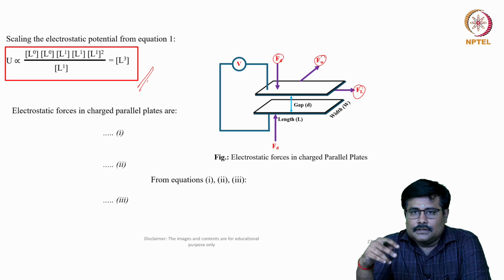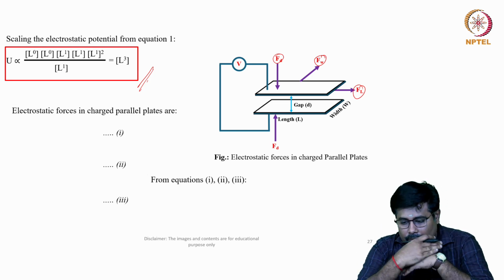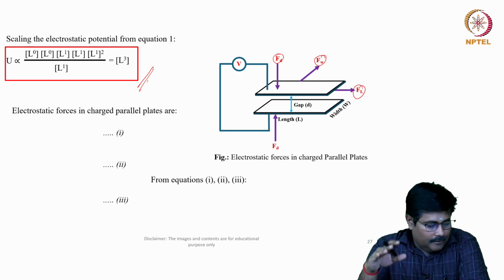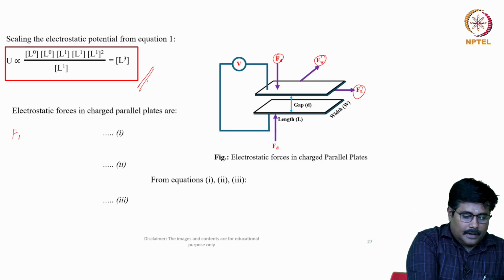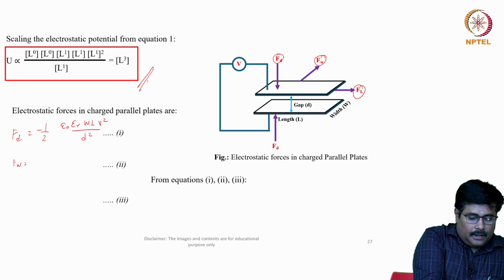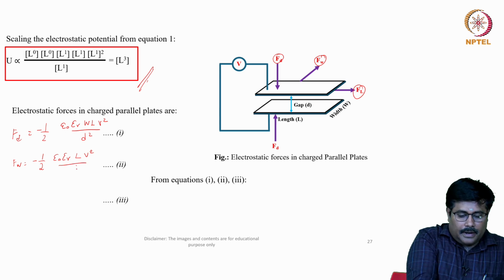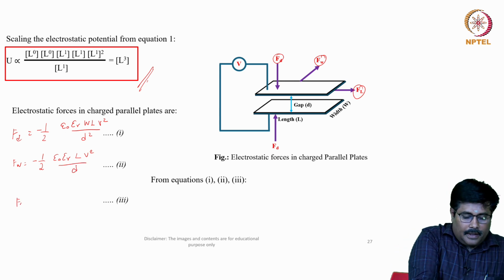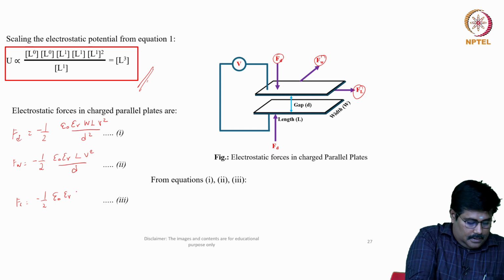FD is the force along the gap, FW is the force along the width W, and FL is the force along the length L. So FD equals minus 1 by 2 epsilon naught epsilon R W L V squared by d squared, FW equals minus 1 by 2 epsilon naught epsilon R L V squared by d, and FL can be represented as minus 1 by 2 epsilon naught epsilon R W V squared by d.